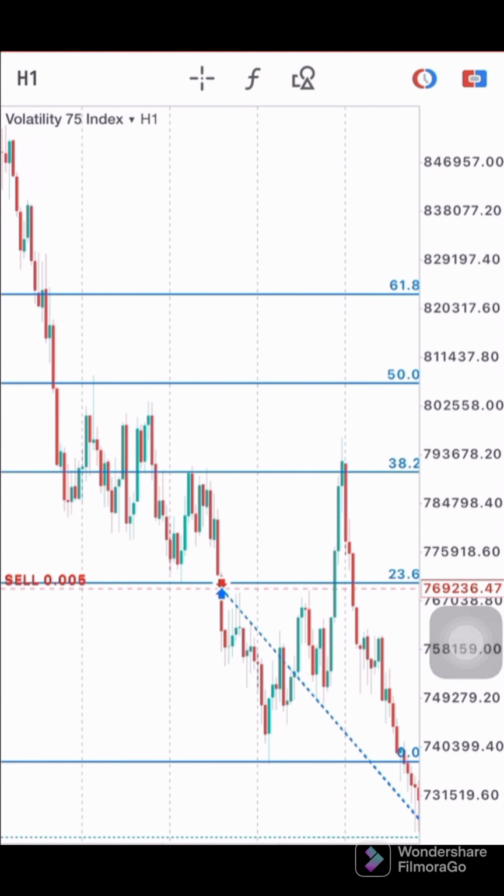So let me tell you what we mean by adding confluence. Basically, looking at this structure here, after this break of a new low, the market came to retrace back towards that previous resistance, which aligns with the 38% retracement level. You can see apart from the Fibonacci retracement, now we have another confluence.